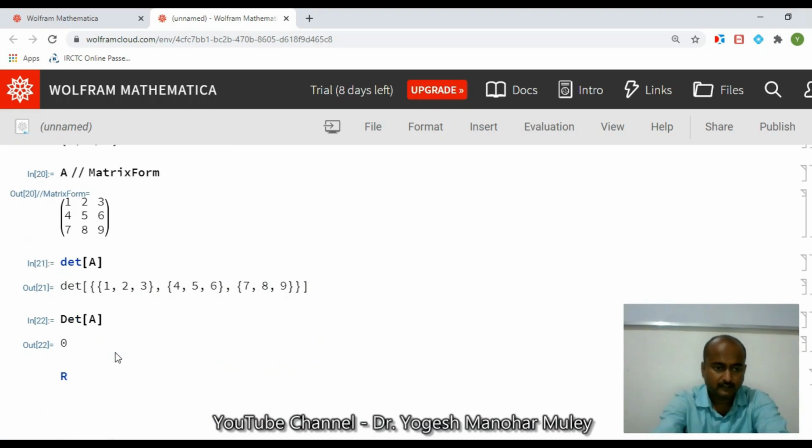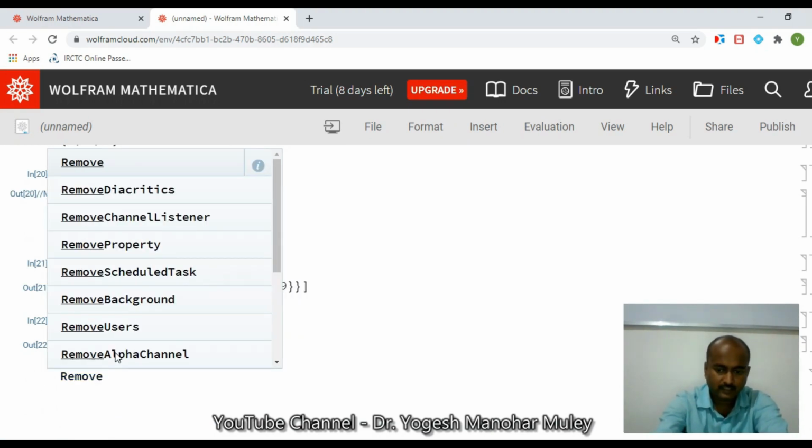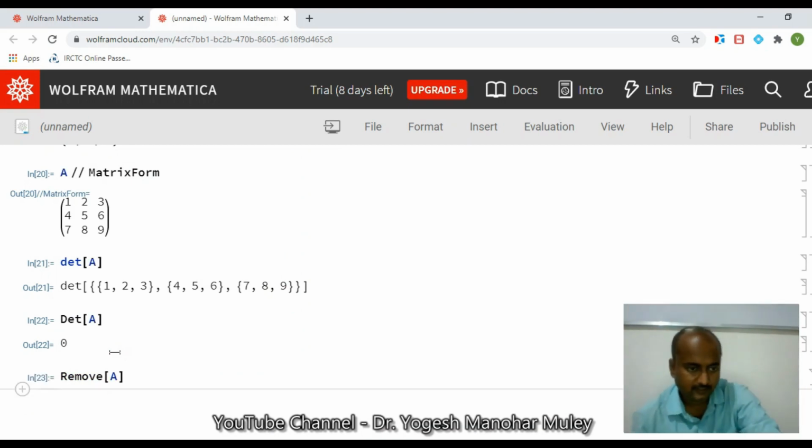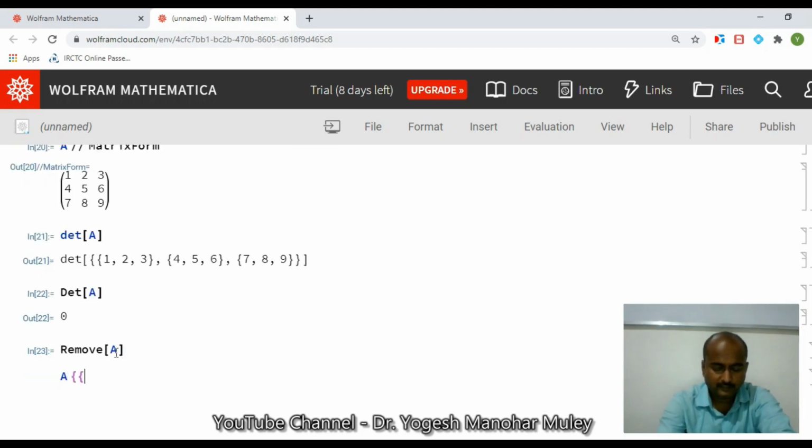So I will remove entries from A. This will clear the variable A as well as all entries from A. So I will create a new list for the matrix. I will use 1, 2, -4.